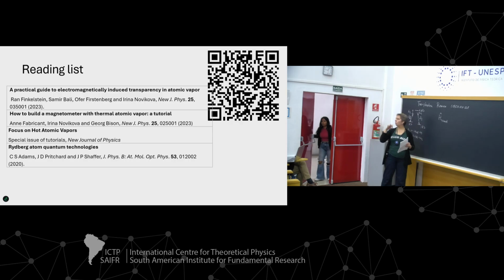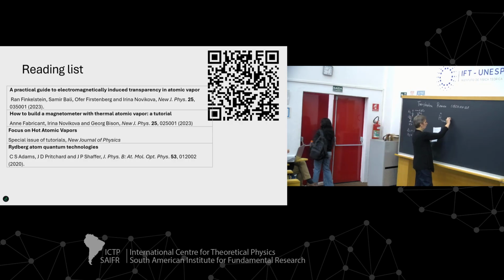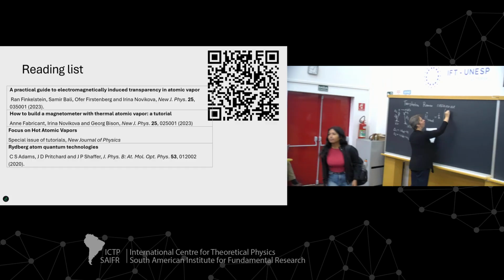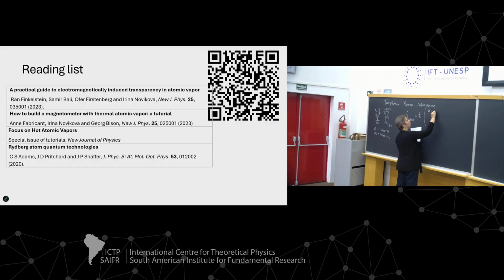Again, I'm going directly to the rotating wave approximation, because why not? So this Hamiltonian looks like this: delta 1, 0, minus omega 1; 0, delta 2, minus omega 2; minus omega 1 star, minus omega 2 star, and 0.